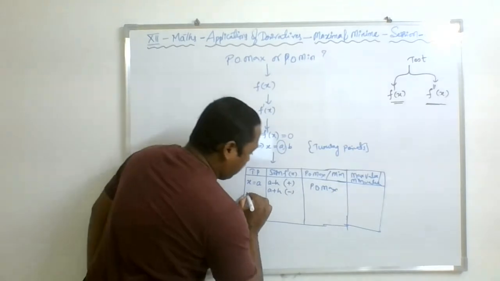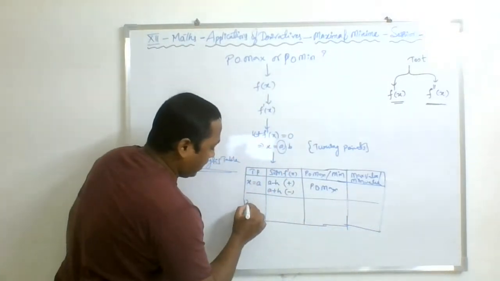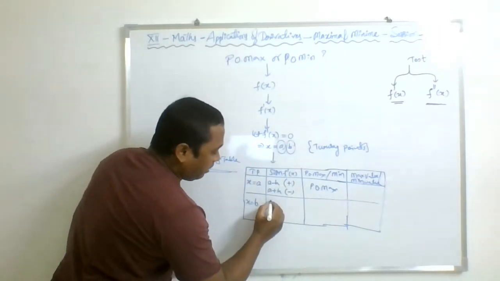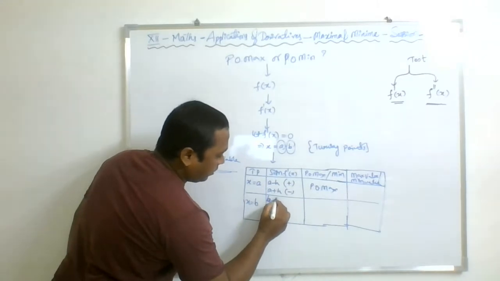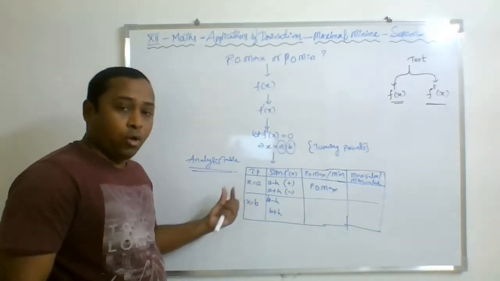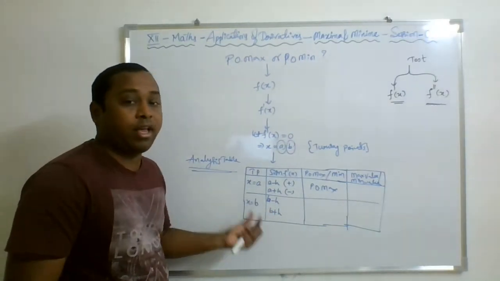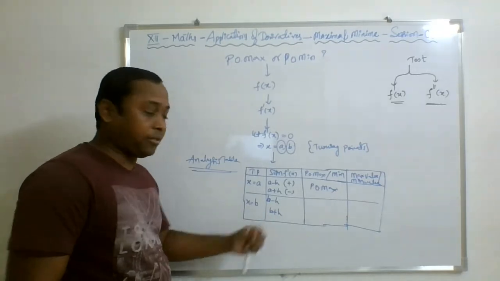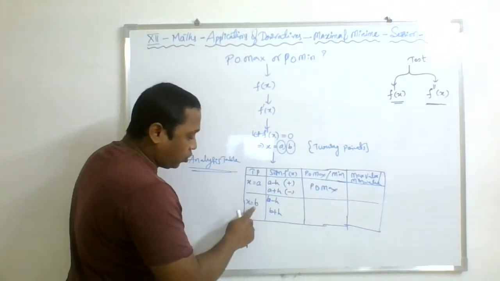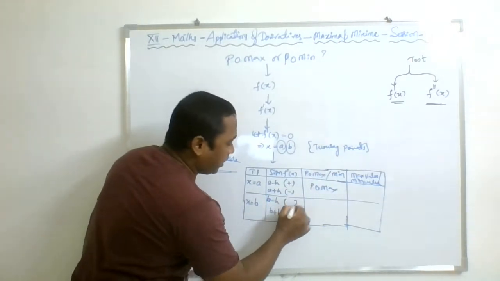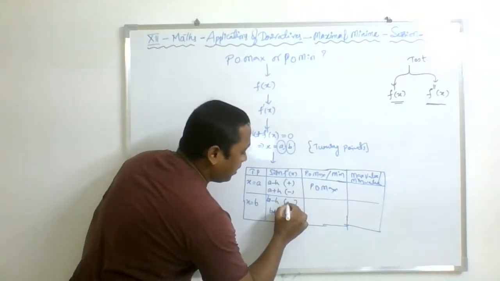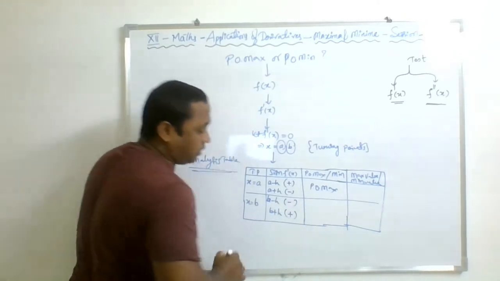Now you can understand the first part is over. Then we'll take x is equal to b, that is the second turning point of the graph. If you are taking b minus h and b plus h, that is left and right, then when the value of x is moving from left to right through this turning point, the sign of derivative is moving from negative to positive.